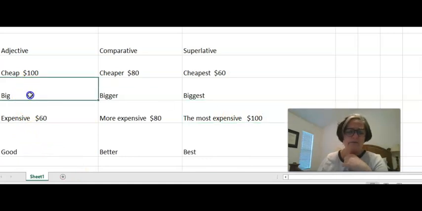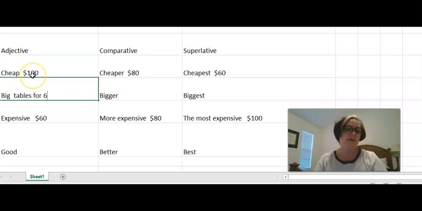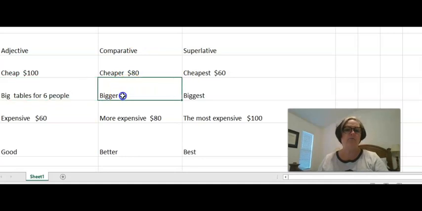And the same thing for big. We can talk about tables. Let's say a big table seats 6 people, right? But say I wanted a bigger table, and it seats 8 people.